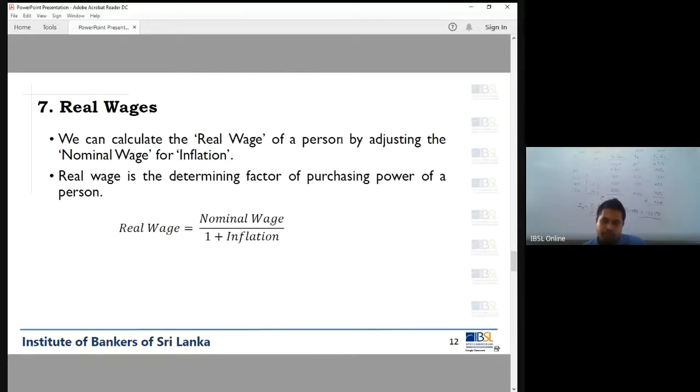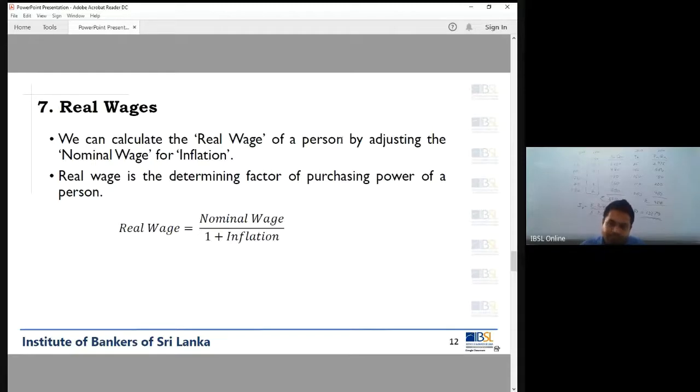So all this will have some sort of link to the inflation computation, similar to determining the purchasing power of a particular person or entity. This is the argument between the real wage and the nominal wage.